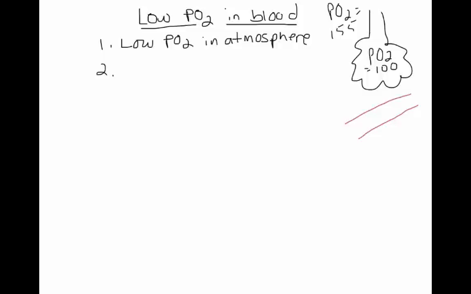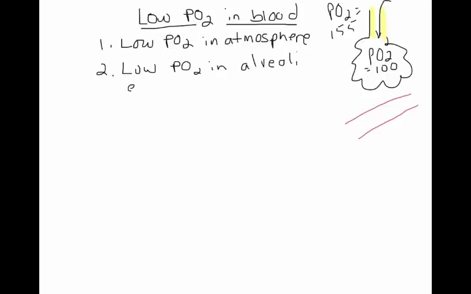Well, maybe you're at normal atmospheric partial pressures of oxygen, but maybe for some reason you have a low partial pressure of oxygen in the alveoli. So this could happen if, for example, you are someone who has asthma and you have some bronchoconstriction going on. So maybe up here in your bronchioles, you have inflammation and bronchoconstriction, so you have less air able to move through the bronchioles.